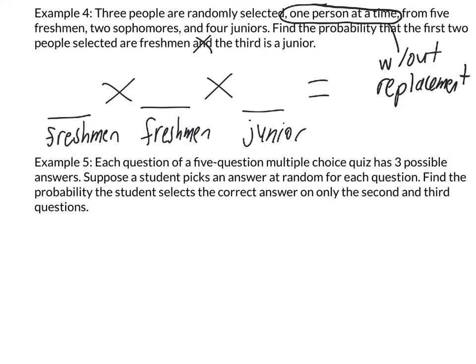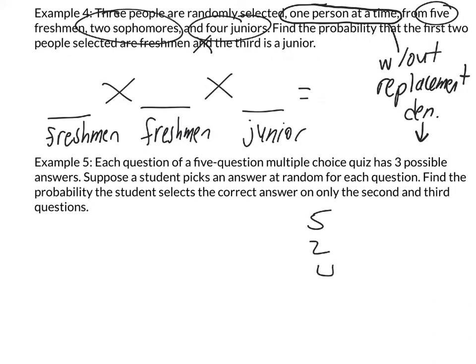Without replacement, that was where the denominator, the bottom of the fractions, goes down by 1. So I'm going to write den for denominator and a down arrow here. At the very least, the denominator will go down. So how many total people are there? There were 5 freshmen, 2 sophomores, and 4 juniors.